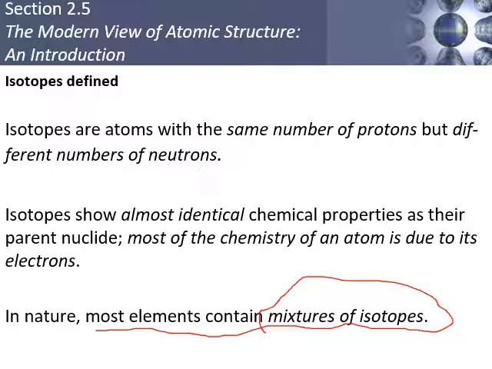So to get that number they put on the chart, they do what's called a weighted average. In other words, they multiply each isotope's percentage in nature by its mass. So for example, if 95% or 98% of carbon is carbon 12, you multiply 0.95 times 12 and then add that to 0.03 times 13 plus 0.001 times 14, and that gives you your weighted average, which turns out to be 12.01. Next slide.